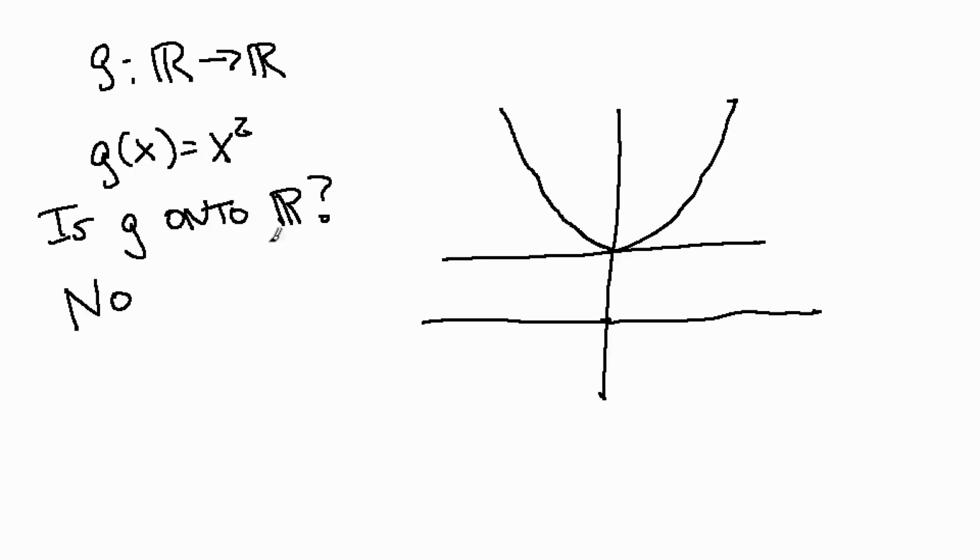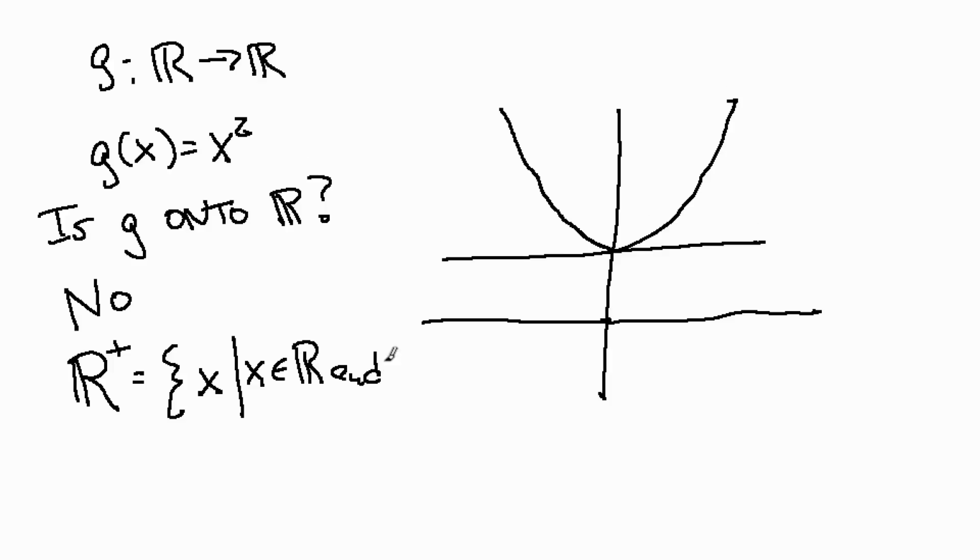Now, we could come over here and define a new set. I'm going to give this a special name. I'm going to have R plus, and I'm going to say, let this equal the set of all x such that x is contained in R and x is greater than or equal to 0.